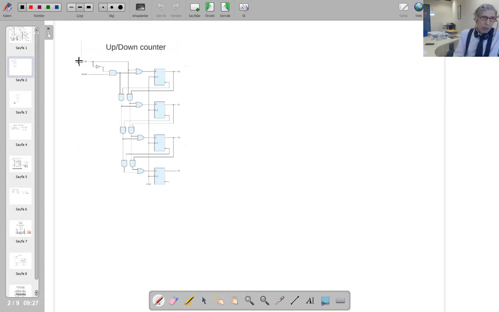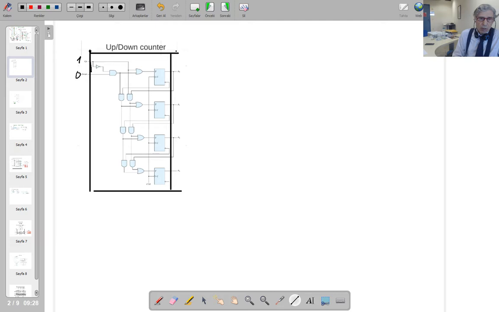When the up input is 1 and the other one is 0, this circuit counts up. This is an integrated circuit, and it has some inputs and some outputs as well.